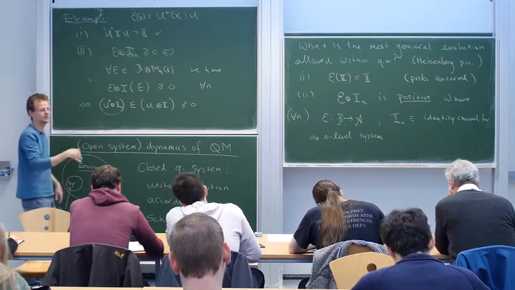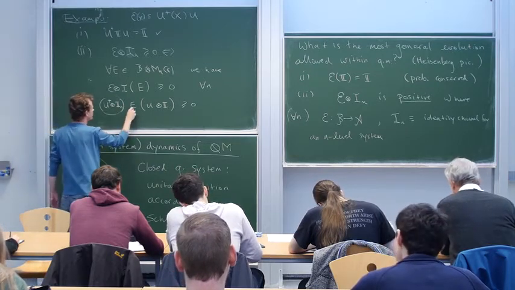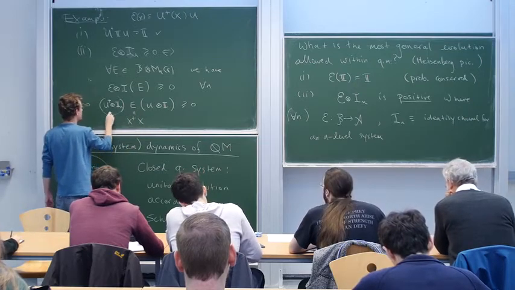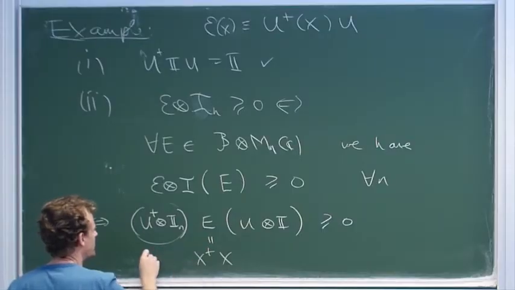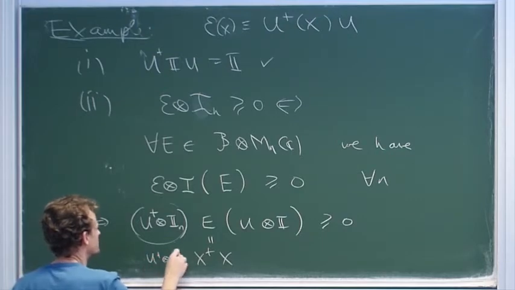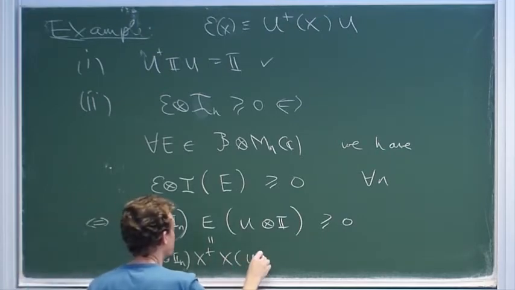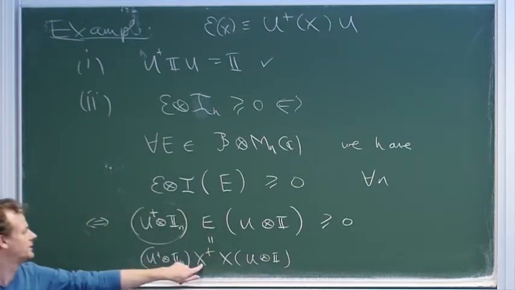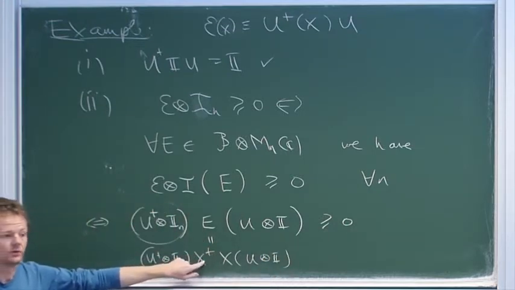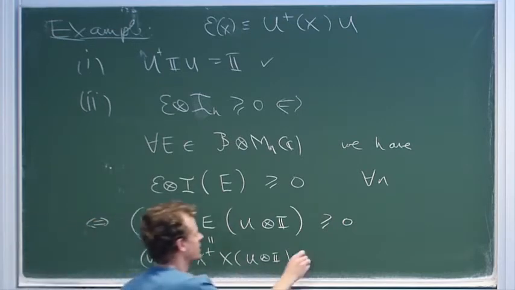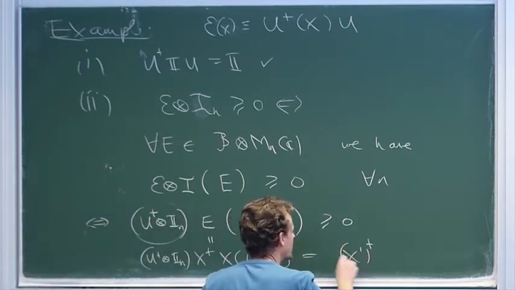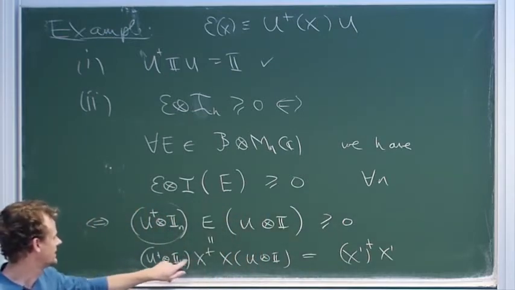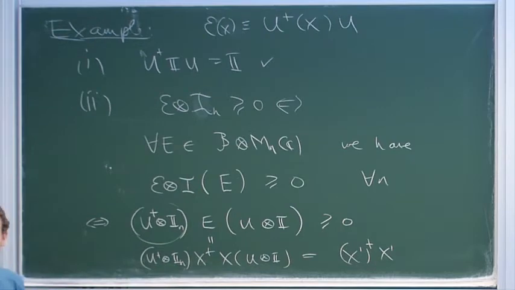And if you don't like to use the spectrum, then just simply write E as x dagger x. And then you can see that the result of having applied the channel to an operator of the form x dagger x gives us another operator of the form x prime dagger x prime, where x prime is x conjugated by this unitary.